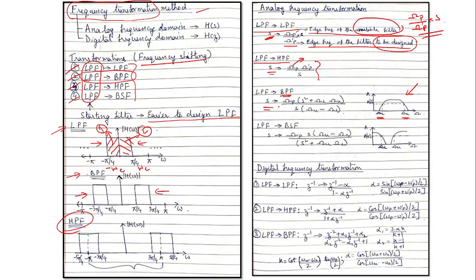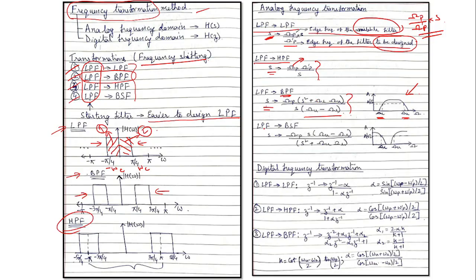Herein S will be transformed to omega P within bracket S square plus omega L multiplied by omega U, divided by S multiplied by omega U minus omega L. Are you getting my point? S will be transformed to omega P multiplied by S square plus omega L multiplied by omega U divided by S multiplied by omega U minus omega L.